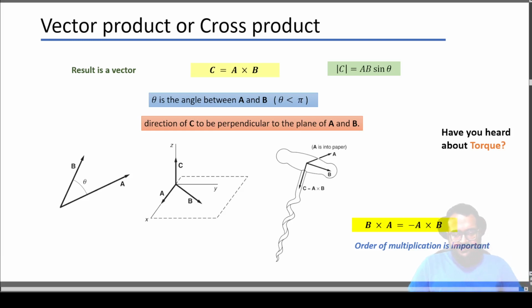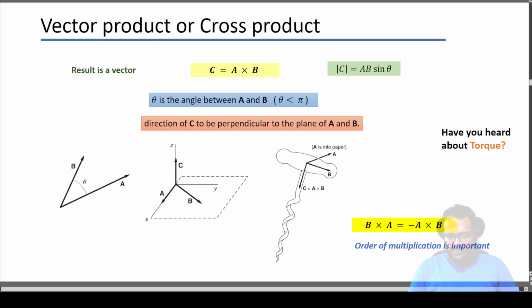Your C vector will be another vector which lies in the perpendicular direction of A and B, and which will be perpendicular to A and B.